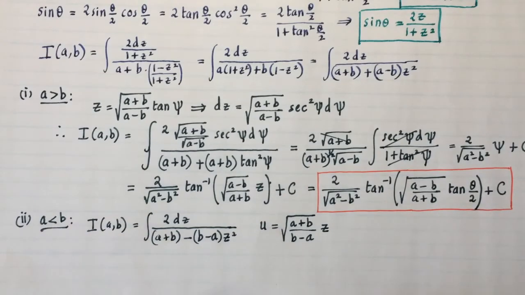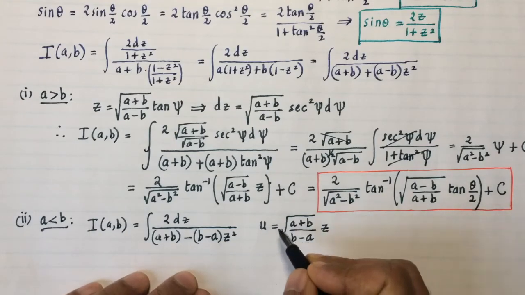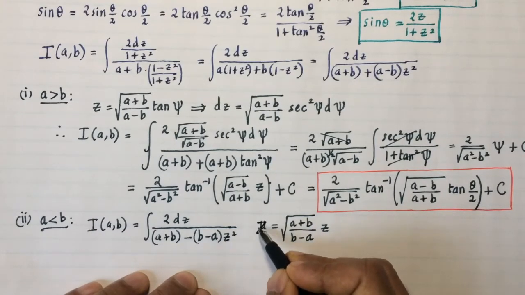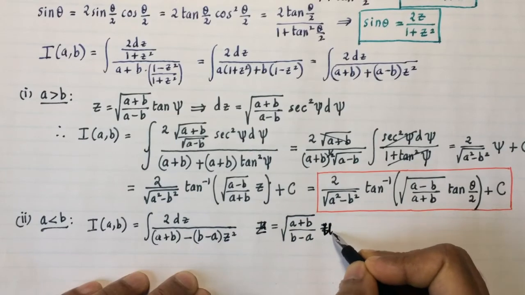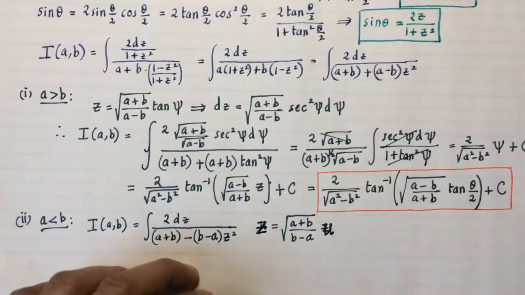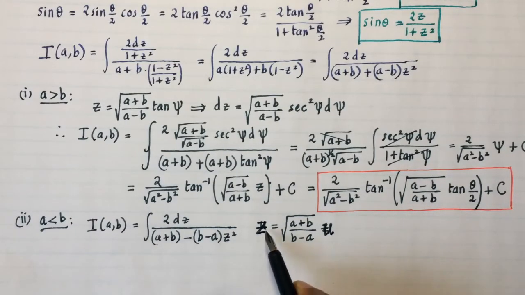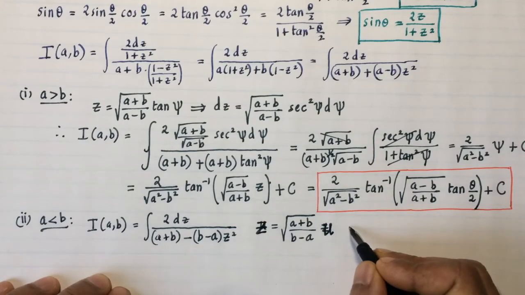That's it. If I put this back here, I should have written, I think, z equals the whole thing times u. That's what I wanted to do. Okay, so sorry about that. If I square z, then the b minus a will cancel out, a plus b will appear outside, and everything will be good. So let me do the substitution.